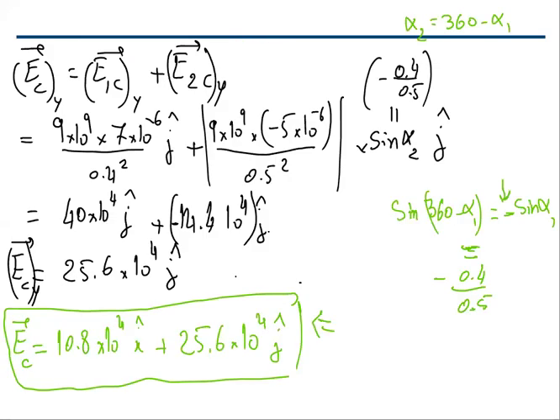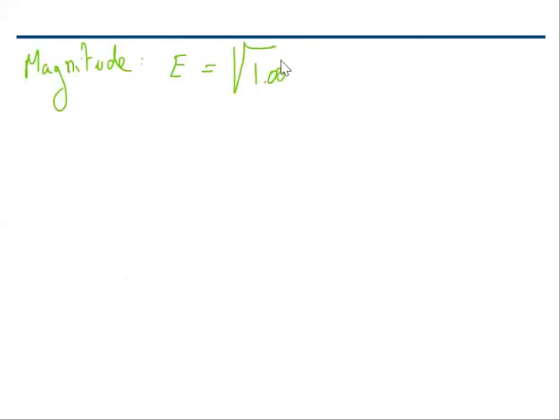Now let's try to calculate its magnitude. The magnitude of the vector is the square root of 10.8 times 10 power 4, squared, plus 25.6 times 10 power 4, also squared.